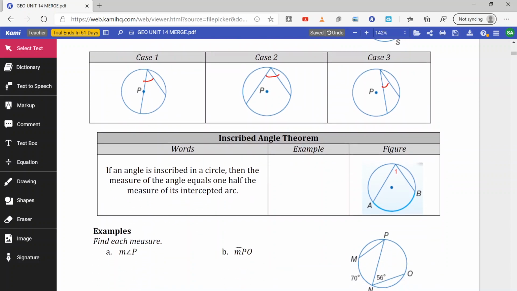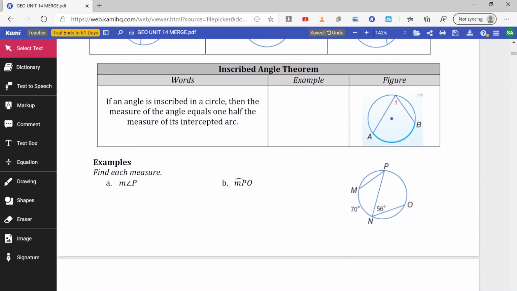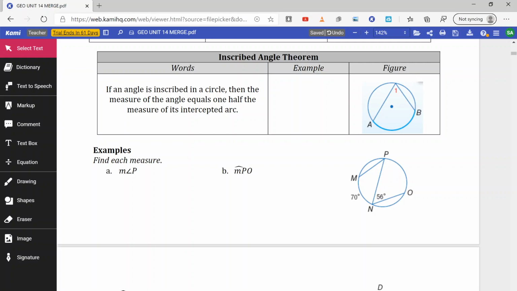The inscribed angle theorem says if an angle is inscribed in a circle, then the measure of the angle is 1/2 of its intercepted arc. Unlike the previous lesson, where we had a central angle, meaning the center was where our angle was located, and the arc ended up being the same measure, an inscribed angle says the angle itself is half of the arc.